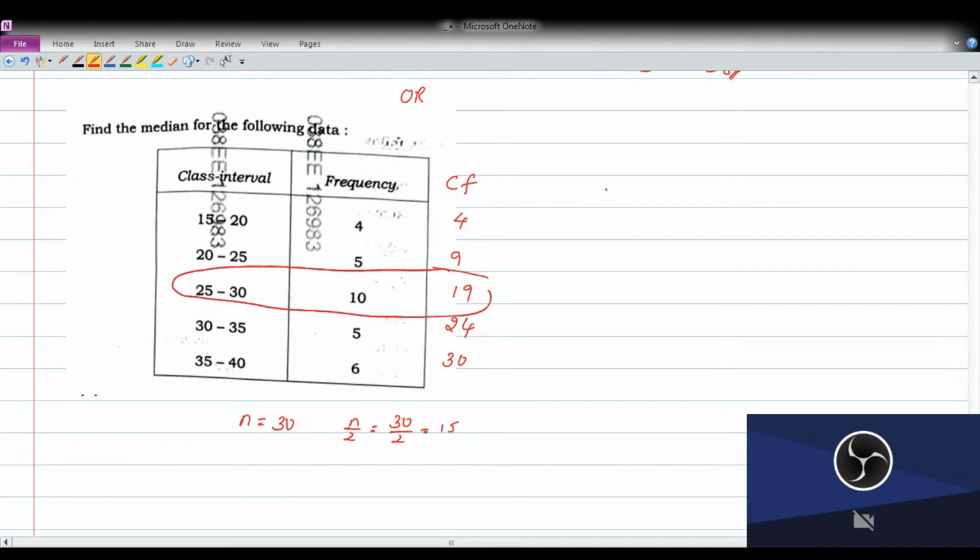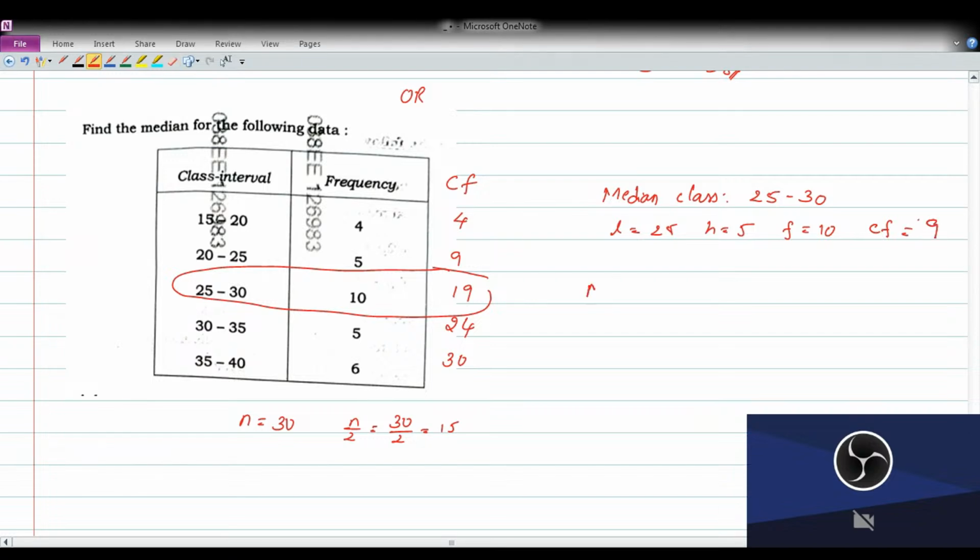So what is the median class here? The median class for the given interval is 25 to 30. So L will become 25, h will become 5, f is equal to 10, and CF is the cumulative frequency of the preceding class, which is 9.